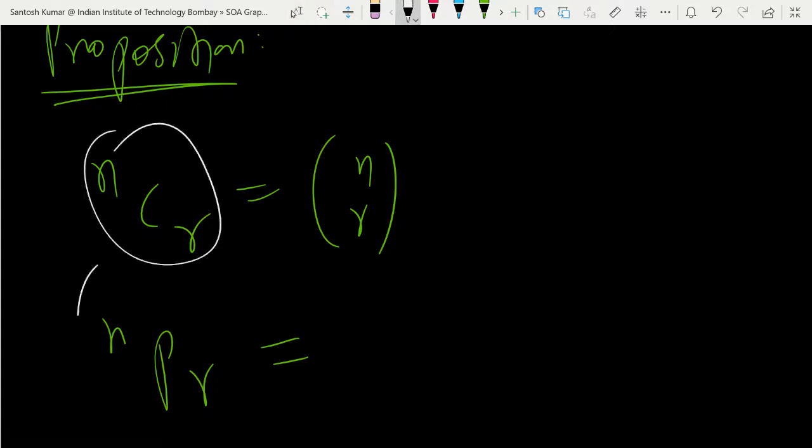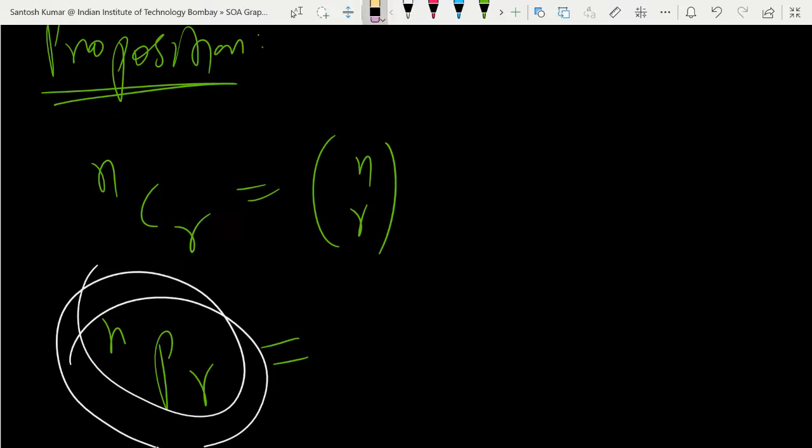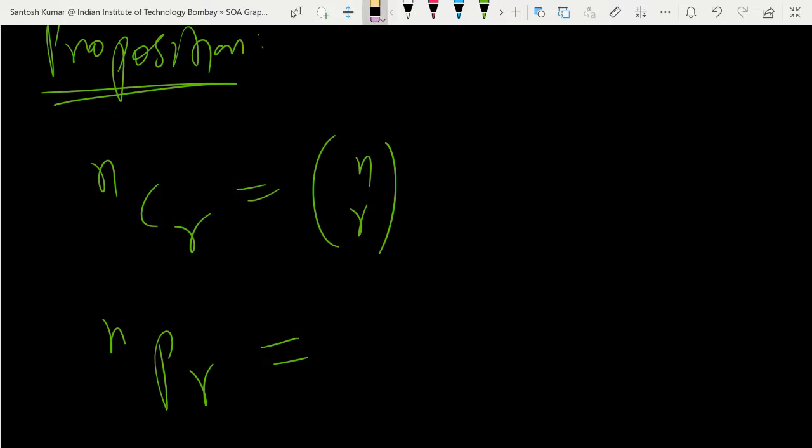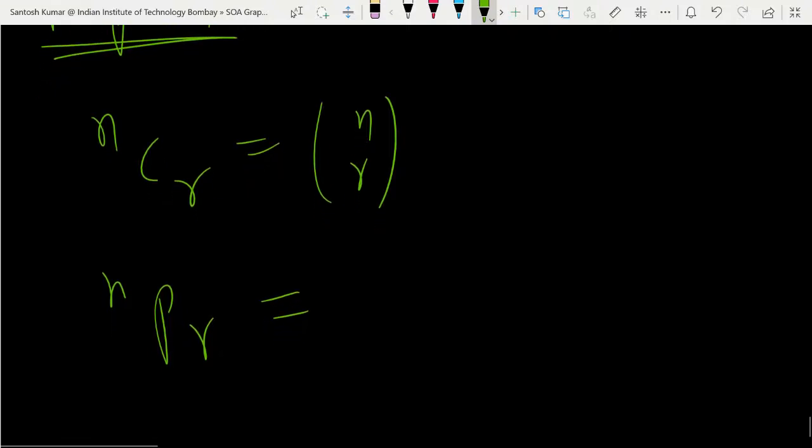I think you will not find this in foreign writers' books. Foreign writers' books don't use this notation actually. We Indians use this. You may find it in some books, but not in all books. So mostly they use this notation for nCr, n choose r. No one remembers. So actually the notation, if you see there, is something like n and a suffix, you will see r in brackets.